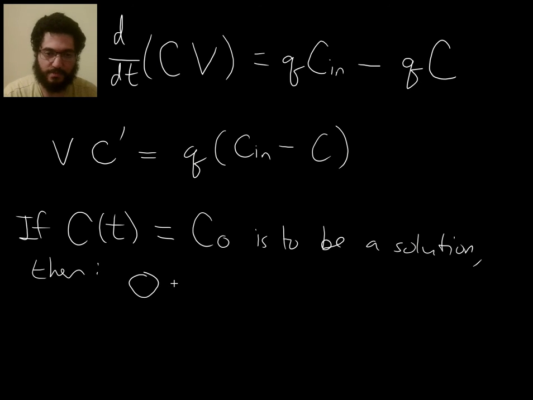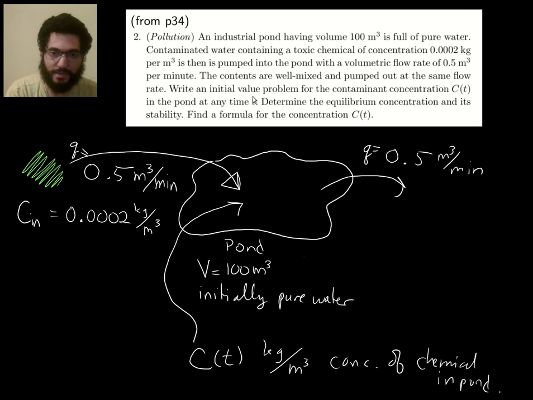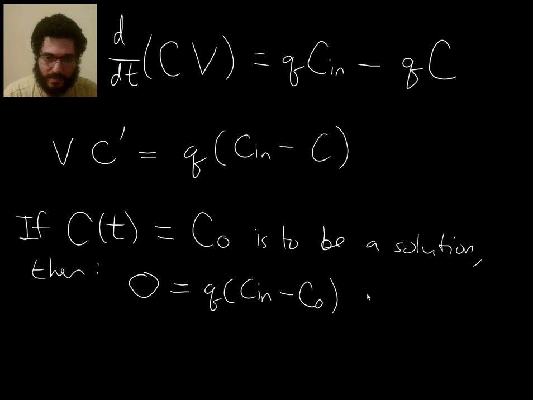So I have 0 equals, and then the right-hand side of the differential equation would be Q times C in minus C naught. So Q, C in minus, and then C is C naught, this constant. Okay, so that means either Q equals 0 or C naught must equal C in. Q is certainly not 0, Q is 0.5, so C naught must equal C in.